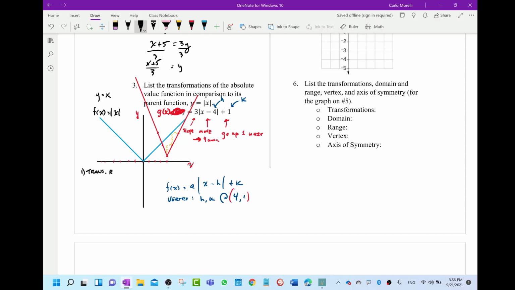Translate right. You could also just use this arrow, 4. Then what? 2. We moved up 1, so that would be a translate or shift up, right? 1.